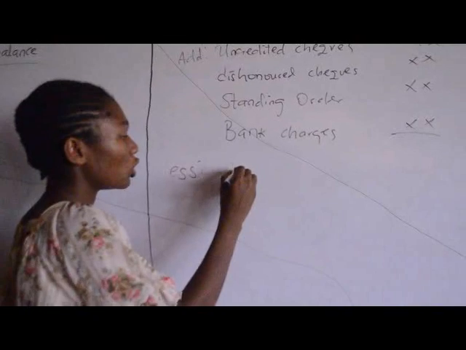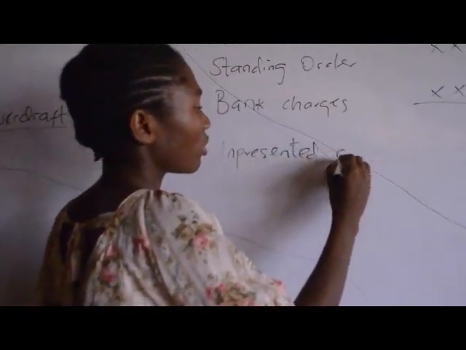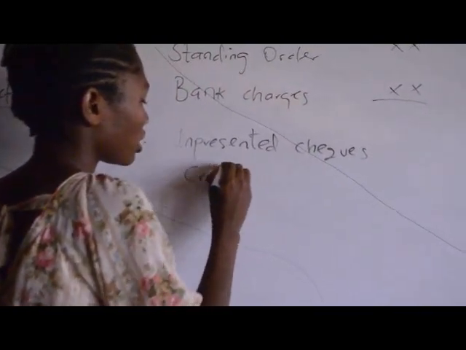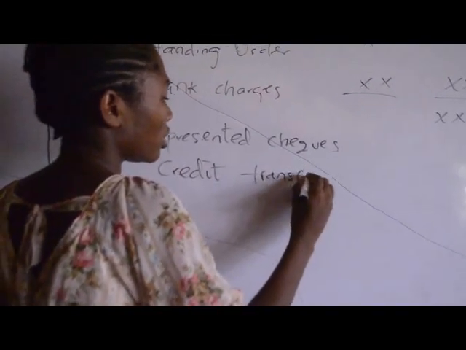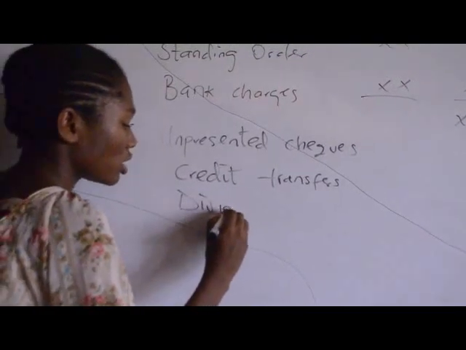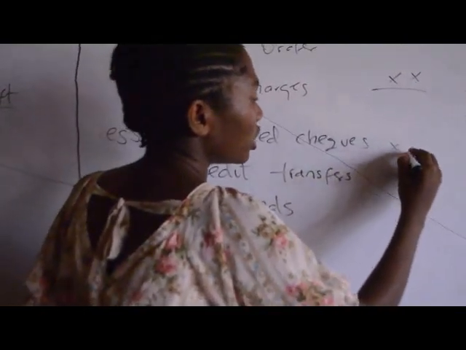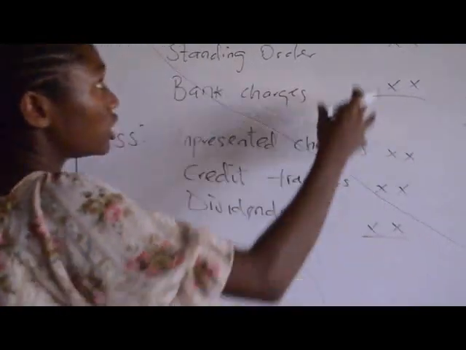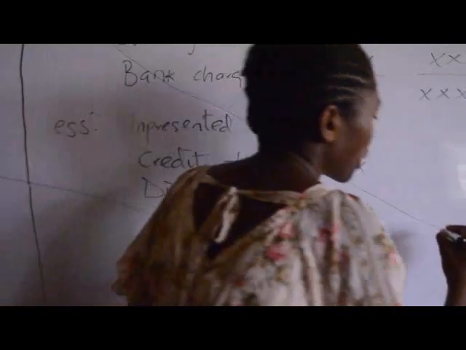Things like your unpresented checks, your credit transfers, and your dividends. We will be lessing these because they will end up reducing your debt. These we are adding because they will be increasing your debt.